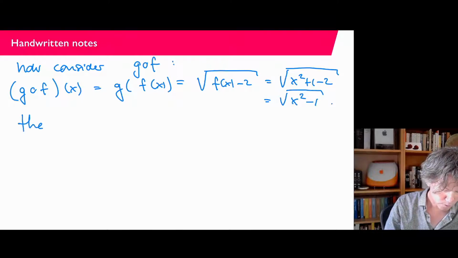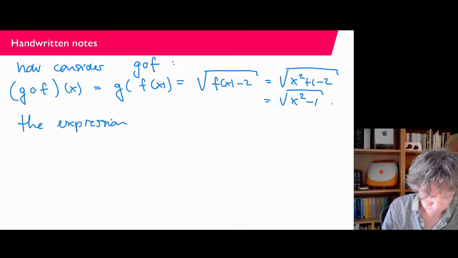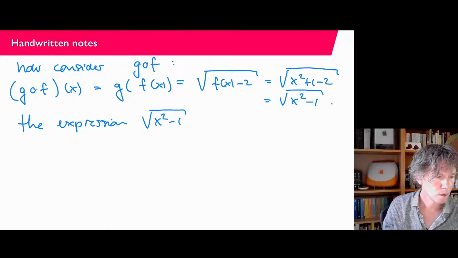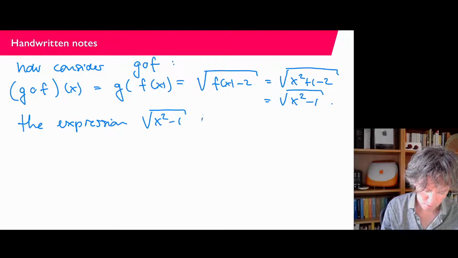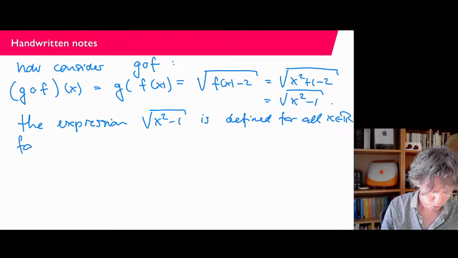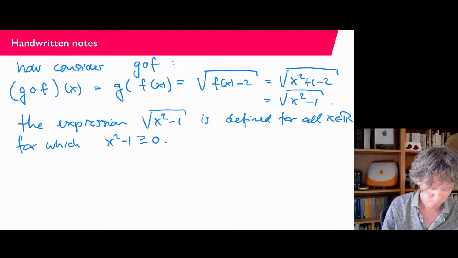Now, the expression square root of x squared minus 1 is defined for all real numbers for which x squared minus 1 is bigger or equal to 0, so x plus 1 times x minus 1 is bigger or equal to 0.